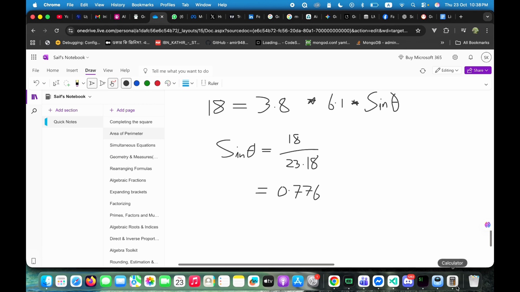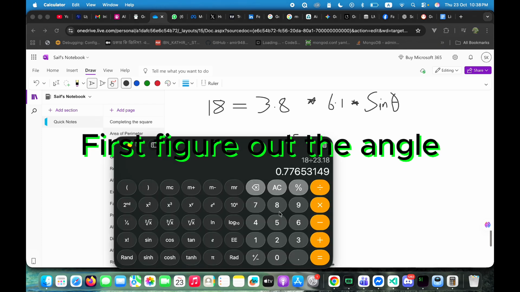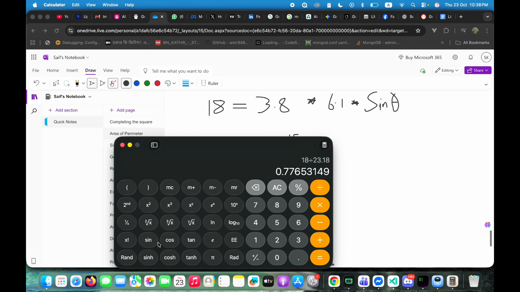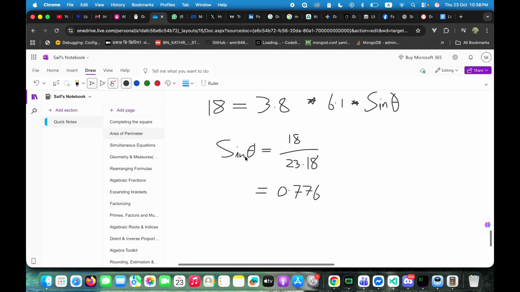So this is sine theta, so theta is sine inverse of 0.776, if you use the scientific calculator.